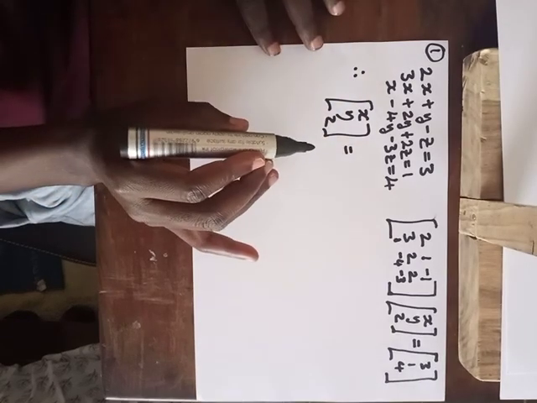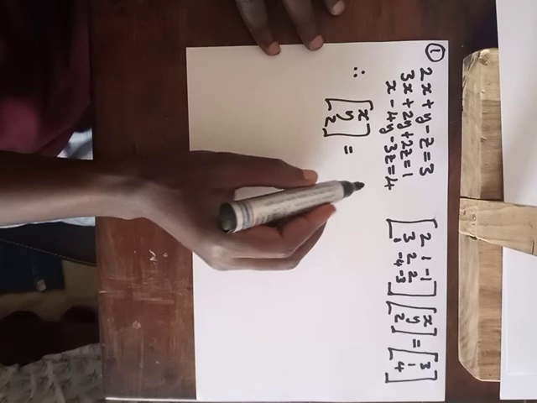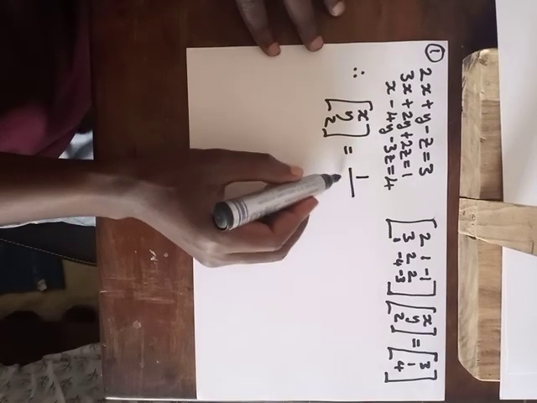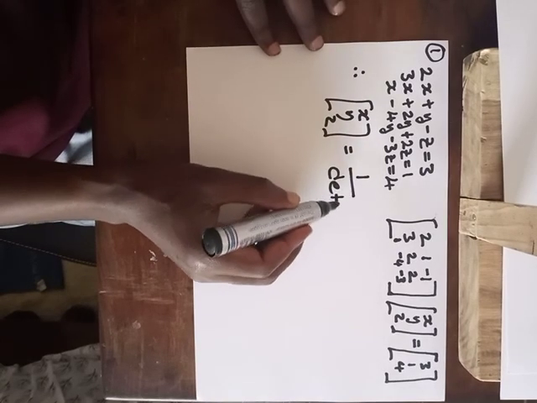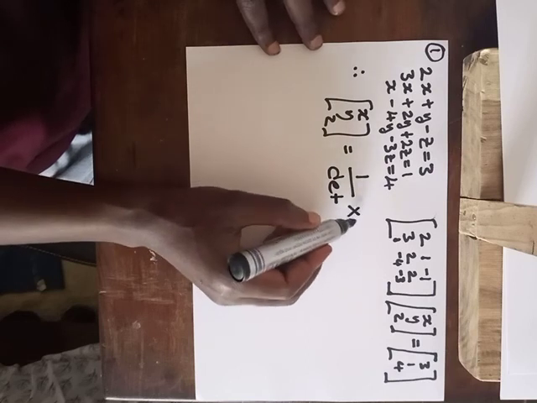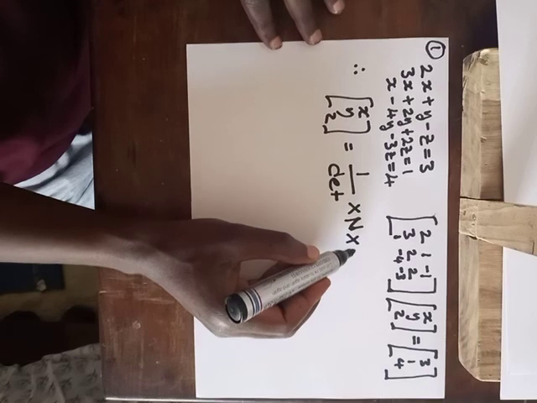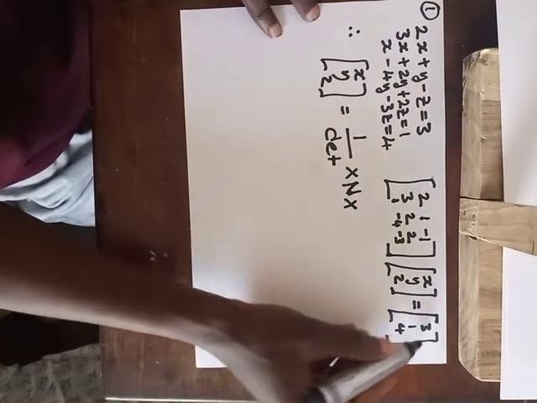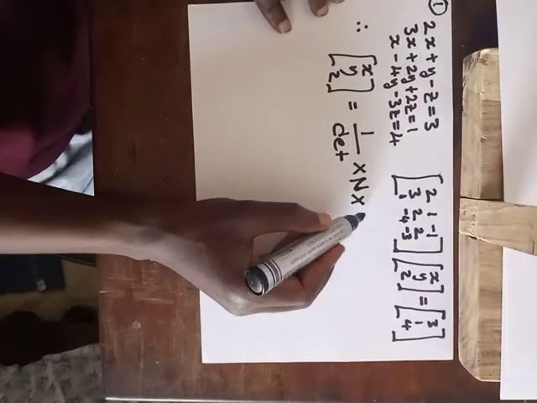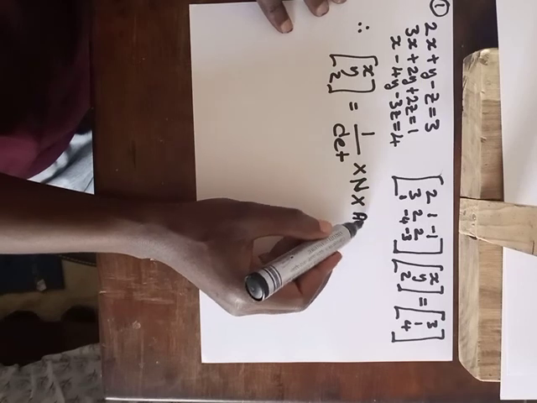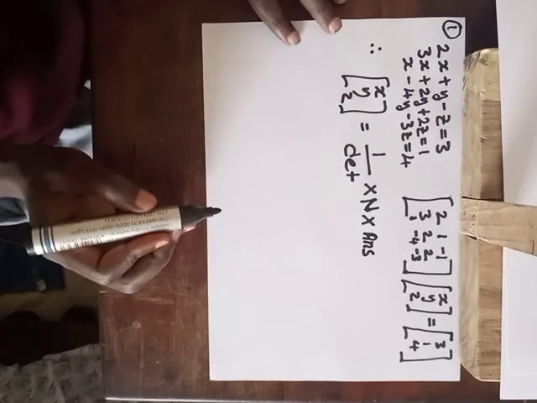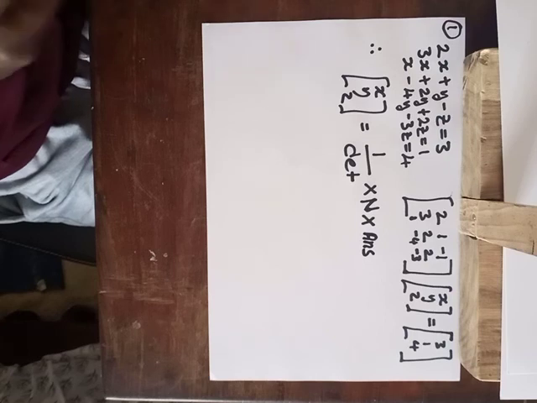This is the formula: 1 over the determinant, times our new matrix that we are going to form, then times the answer. The answer in this case is this solution. So this is what we are supposed to do.